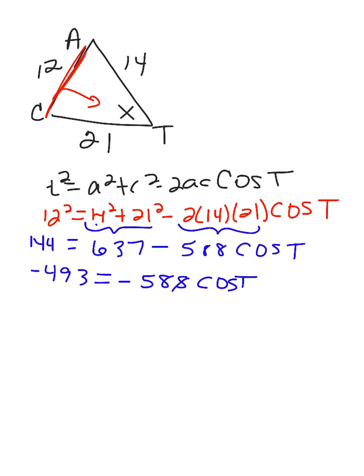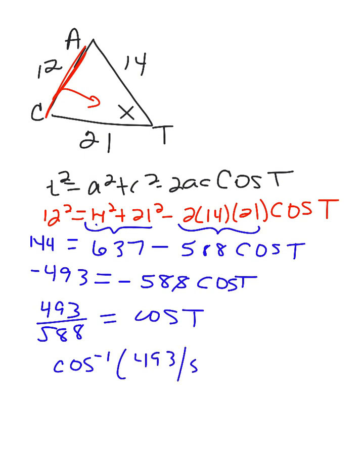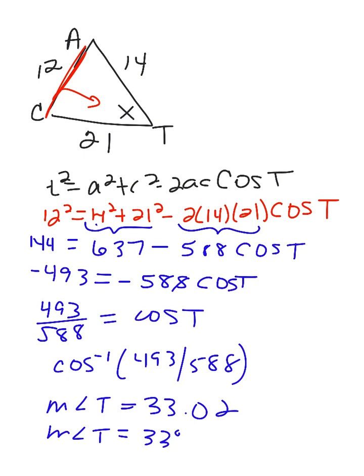Negative divided by negative is a positive, so it's 493 over 588 equals cosine of angle T. Then we're looking for the angle, so we do the inverse. Second cosine, 493 divided by 588. If you have the decimal, then just do second cosine, second answer. And the measure of angle T comes out to be 33.02. So the measure of angle T is equal to 33 degrees.